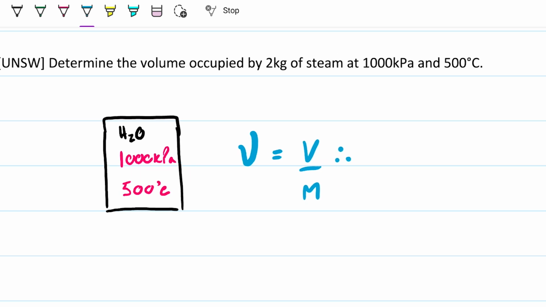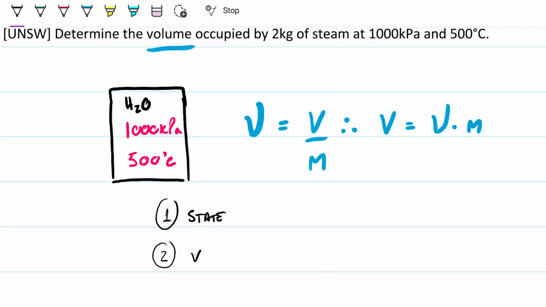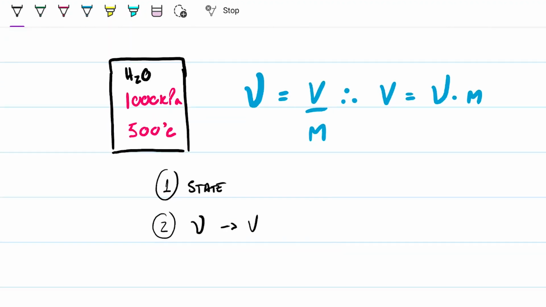So if I'm looking for the volume, the volume is going to be specific volume times the mass. As long as I can find specific volume using my tables and multiply by the mass, which I know, I can find the volume occupied by this water. So the game plan is, let's first find out what state we're dealing with, though this screams superheated, and then grab the specific volume and calculate the volume using it.